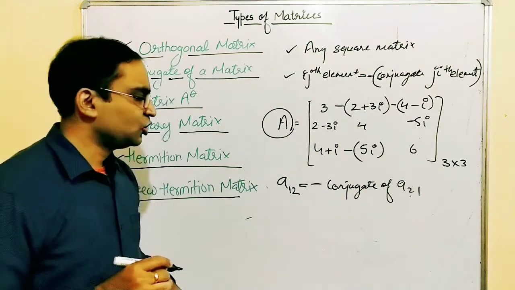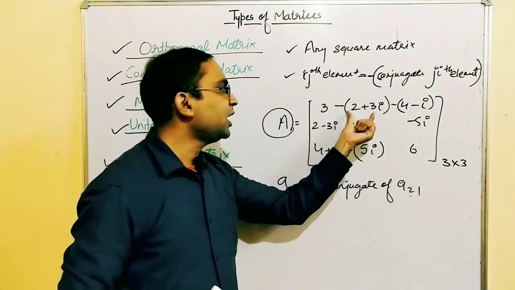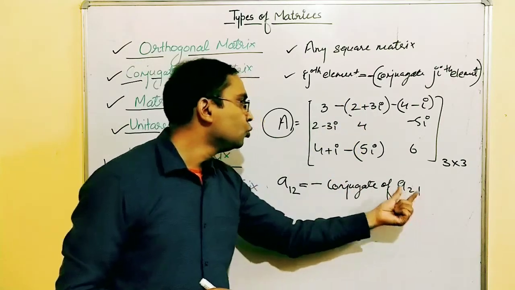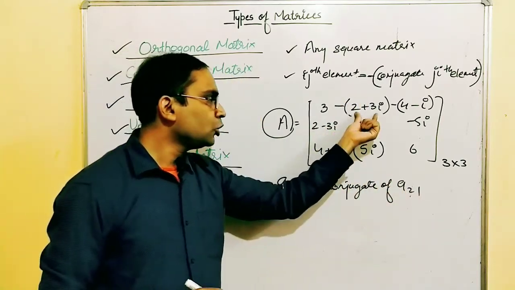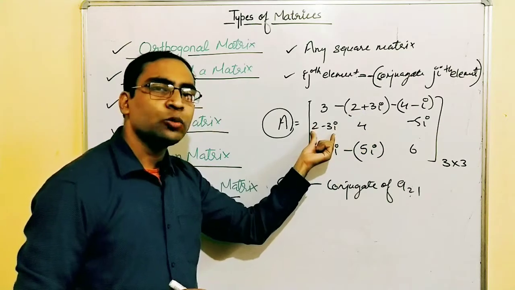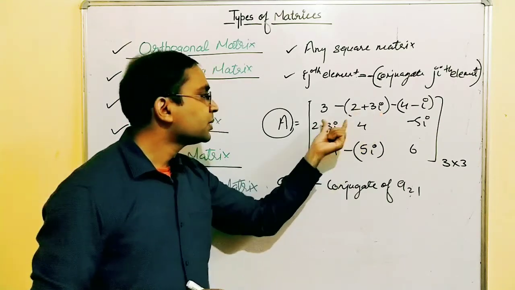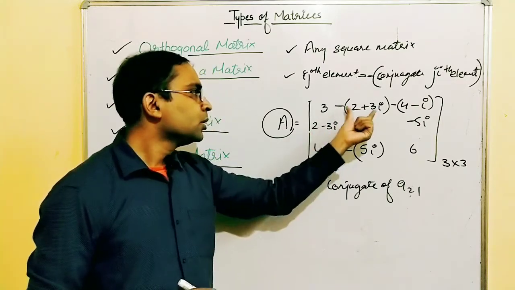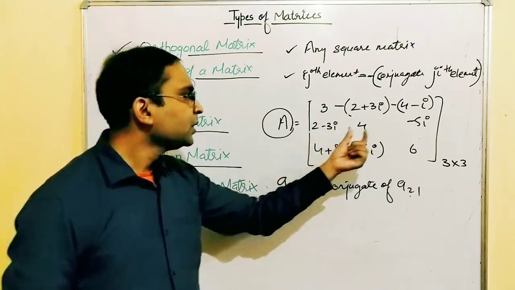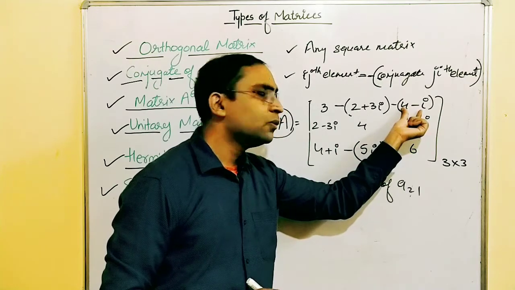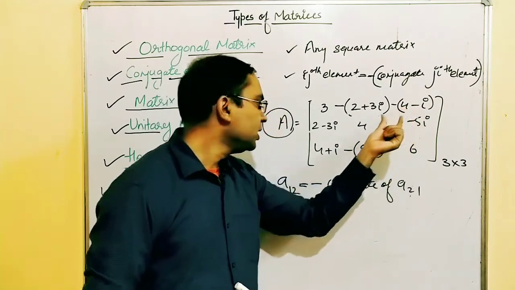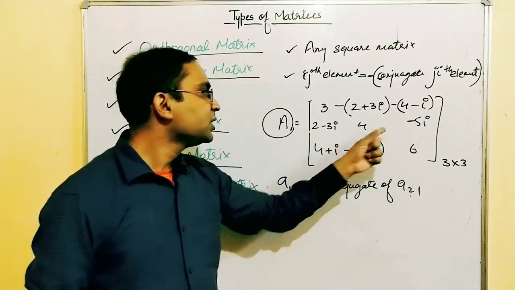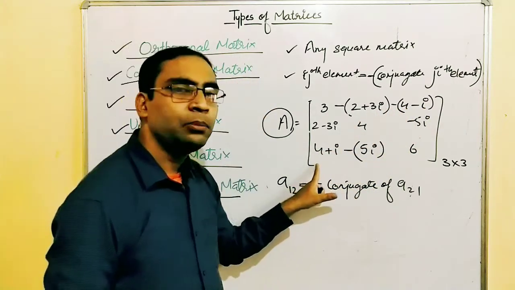Let's check. What is a12? This is minus of 2 plus 3i. Now what is a21? Look at this. 2 plus 3i's conjugate is 2 minus 3i, and this is negative. If this is negative, this is positive, so opposite in sign. Here the condition applies. Let's say this is 4 minus i, then what is the conjugate of this element? This is 4 plus i, and these both are opposite in sign, one negative and one positive.